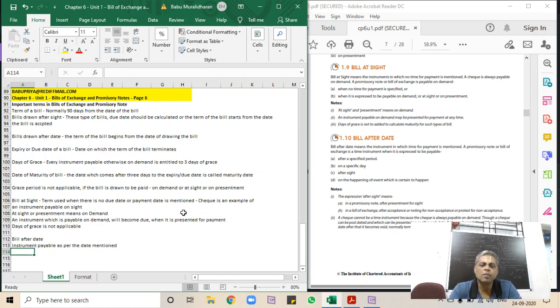A promissory note or bill of exchange is a time instrument when it is expressed to be payable after a specified period. See, there are two types of instrument: one is an instrument at sight, and the other is an instrument after date, or a time instrument, right? Time instruments are payable after a specified period, or on a specific date, or on the happening of an event which is certain to happen, or after sight.